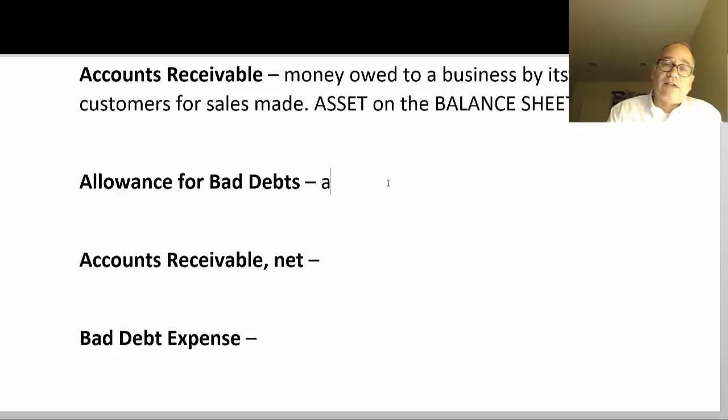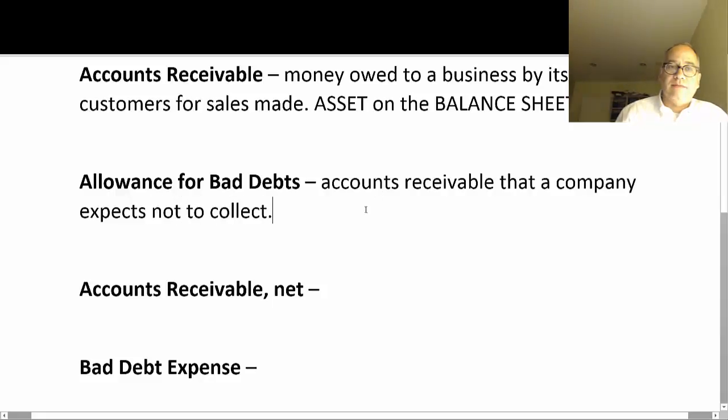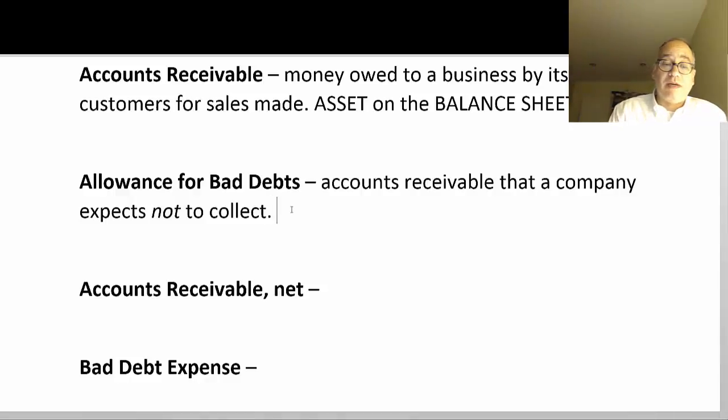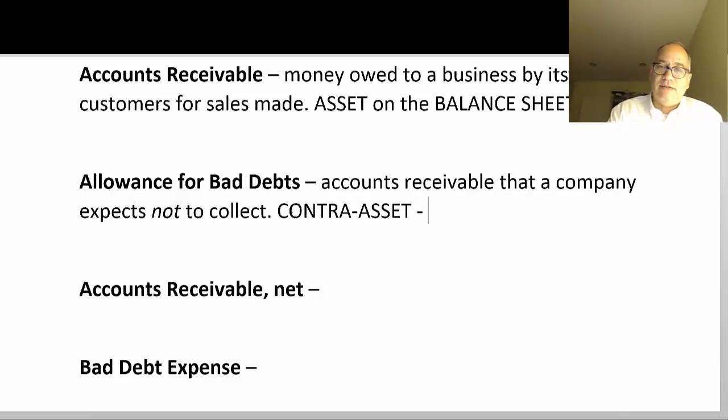It's the balance of accounts receivable that a company expects not to collect, and this would just be an estimate. The company has to look at all of its accounts receivable and say approximately how much we aren't going to collect. This is called a contra asset, a negative asset.